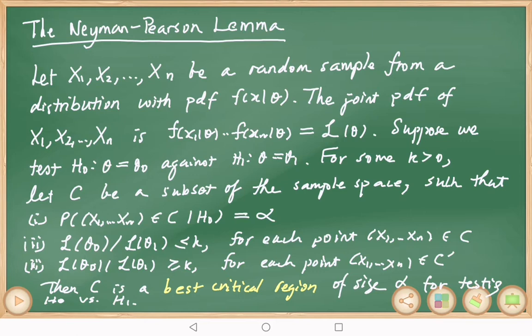So that's the critical region. We need to define in what sense it is said to be a best critical region, because there could be at the same time several possible critical regions that are of the same size alpha. So we need to be clear about what is meant by best.